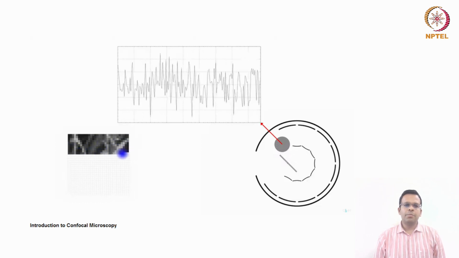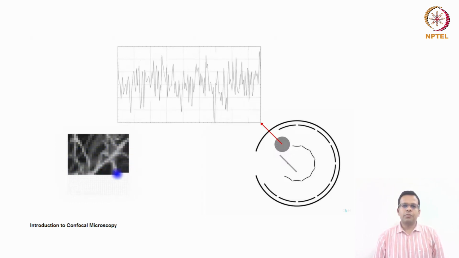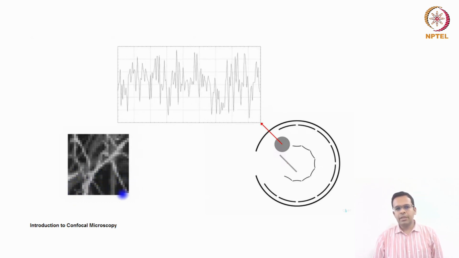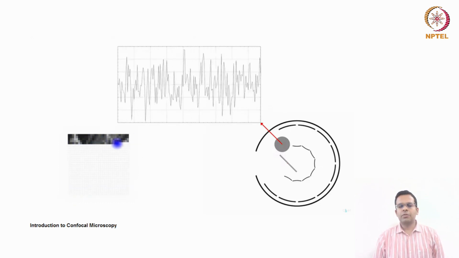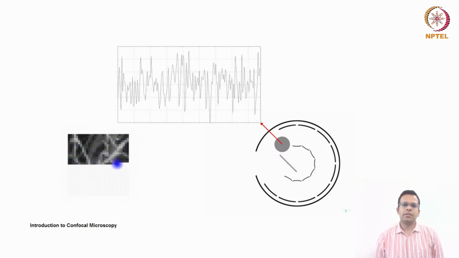And this is how, point by point, your microscope will image the sample, and it will provide the electronic signal to the PMT, and the PMT will convert that electrical signal into a digital image.